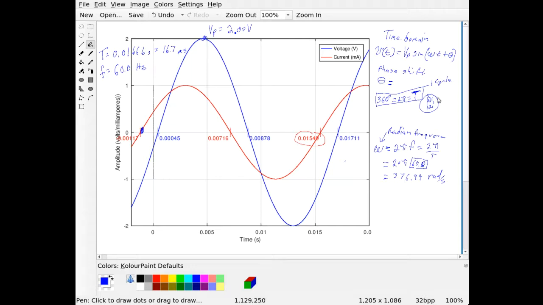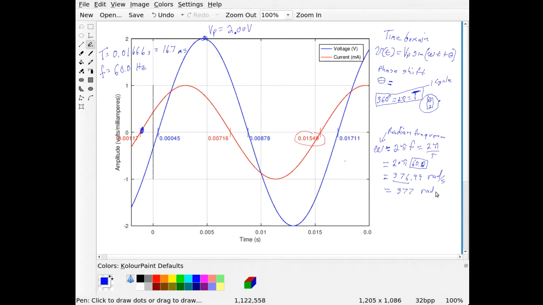So what that says is as we rotate around, we're rotating at 377 radians per second. If we round this to 3 digits, we get 377.